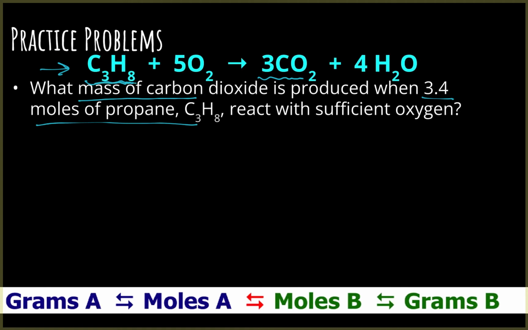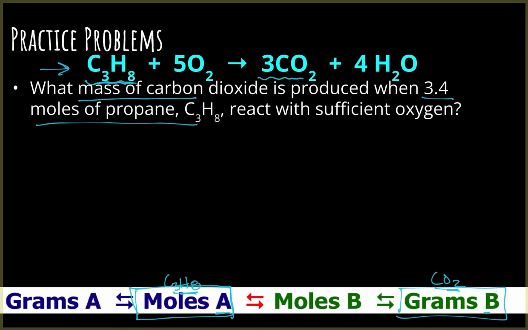Then on my map down here, I'm going to mark what I'm starting with and where I'm going, so I know how many steps I'm going to need. I'm starting with moles of C3H8, and I'm ending with grams of CO2. So C3H8 is my A, CO2 is my B.